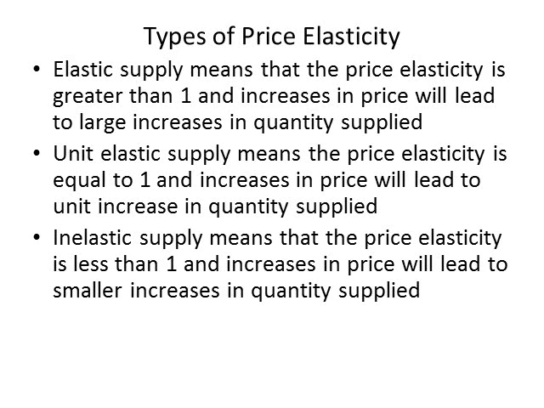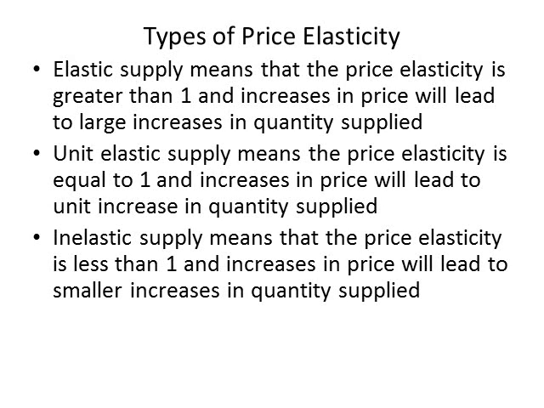There are three types of price elasticity of supply. Elastic means that the price elasticity of supply is greater than 1, and small changes in price will cause a large increase in the quantity supplied.